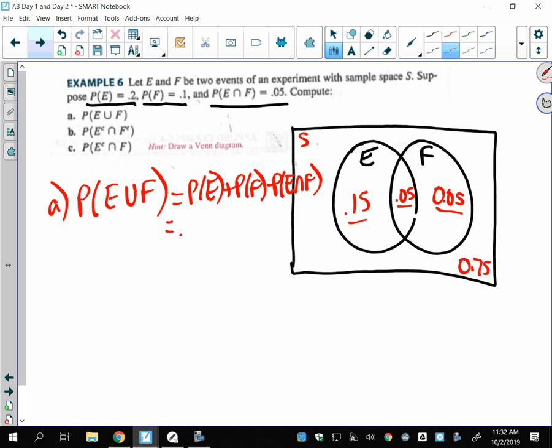So if I do it this way, it'd be 0.2 plus 0.1 minus 0.05, which is 0.25. You also can just add these three numbers. Add just E, just the intersection, and just F, and you also get 0.25.